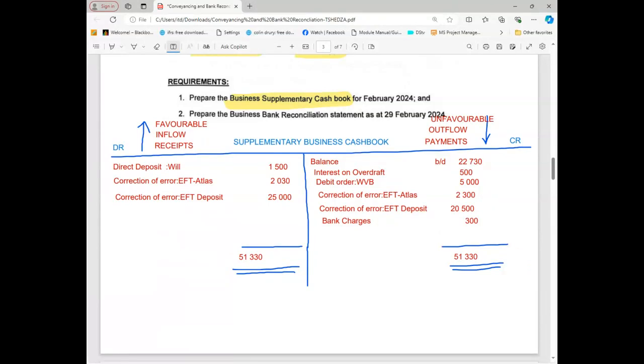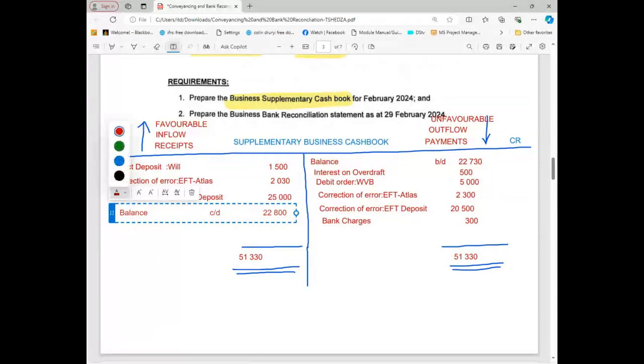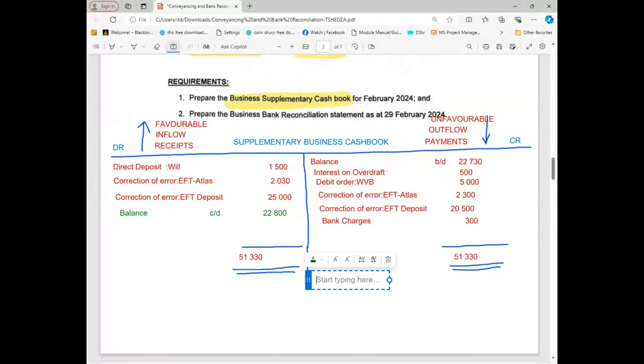That is called balance carried down. And remember, balance carried down must always be brought down. I'm going to put it here as my balance. Good.